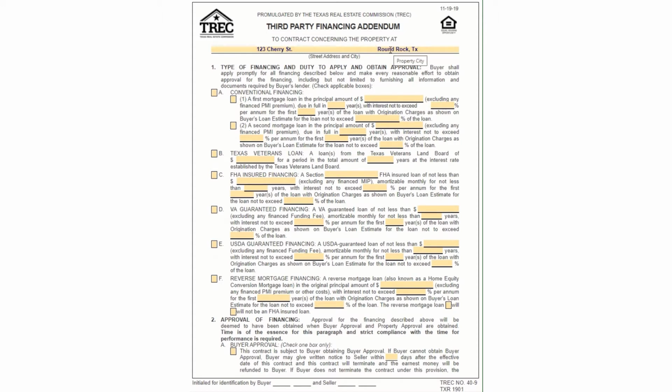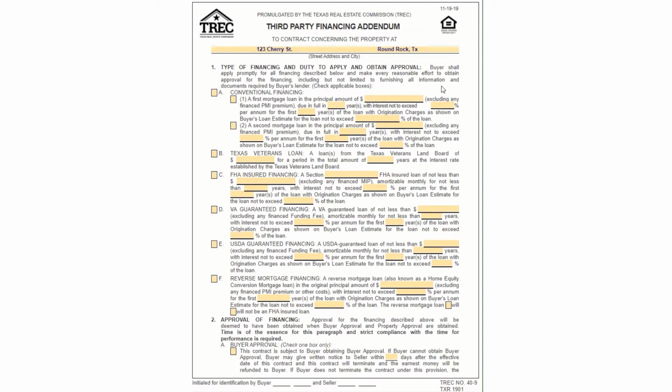The first blank, we're going to put in the street address and city, and this will auto-populate if you're using form software, or you may need to type it in. You want to make it match the correct street address and city on your 1 to 4 family or whatever contract you're using. And then paragraph 1, type of financing and duty to apply and obtain approval.